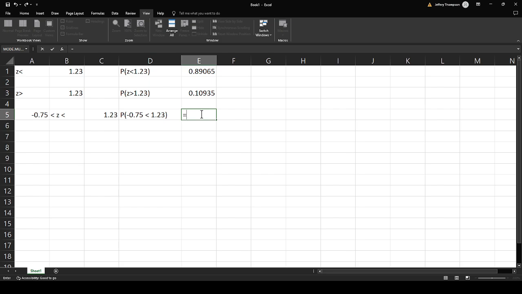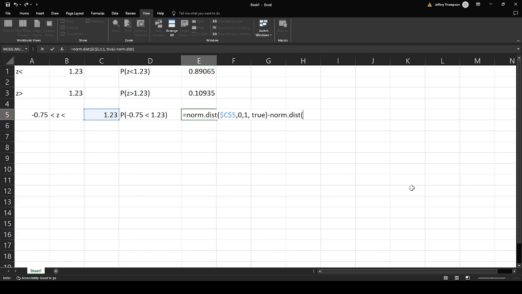So we're going to use the normal.dist, and our x value for the higher number, the 1.23, I put in cell C5. It has a mean of 0 because it's a standard normal and a standard deviation of 1. And cumulative is true. And I'm going to subtract from it the probability, or the area under the curve, of the lower value.